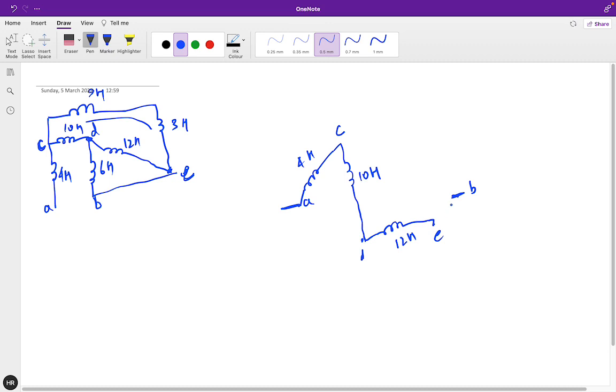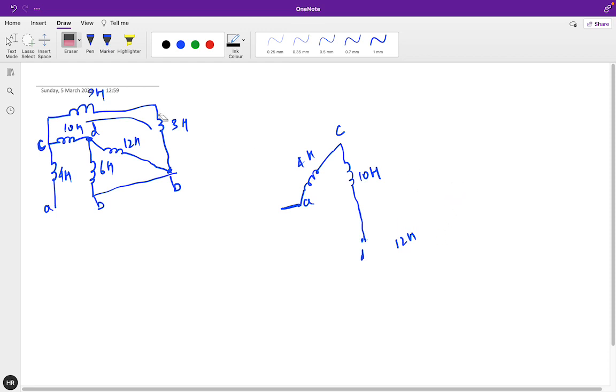And in between E to B it is shorted. So E and B are shorted, which means it is the same point only. So consider it as the same point. This particular one is B point only.